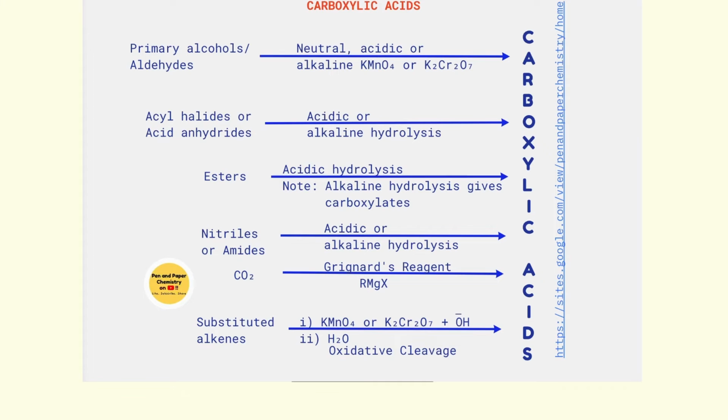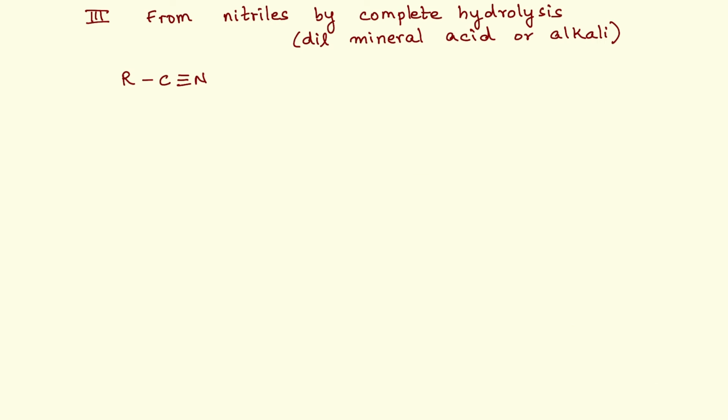Again, what do you mean by hydrolysis? Yes, the addition of water. So what are we going to do? We are going to carry out plus HOH, in the presence of H positive or OH negative. We are keeping things simple. I'm trying to break it down so that it's easy for you to understand.